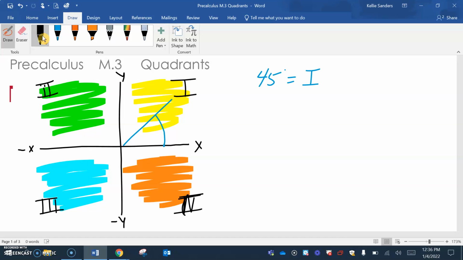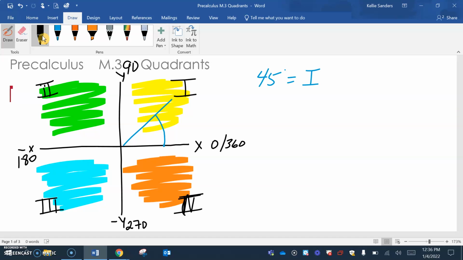I guess I should have reiterated that this is at 0, 90, 180, 270, and if you go 360, you're right back at 0. So 0 and 360 are in the same spot. So they are coterminal angles because they are in the same spot.